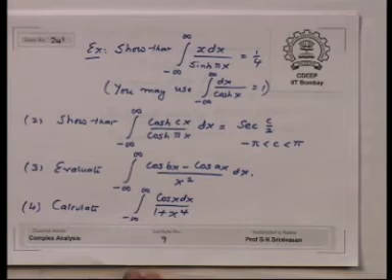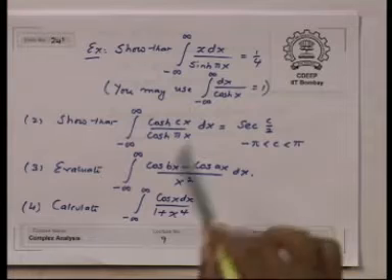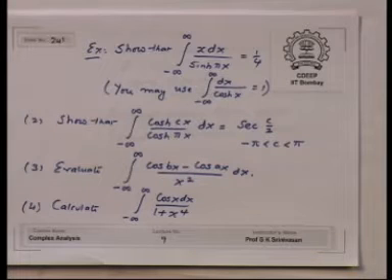So these are four further problems for you, and if you look at books like Copson or Kreyszig or Churchill, Gamelin, these books contain lots of examples of this kind. What I am giving you is just a sampling.